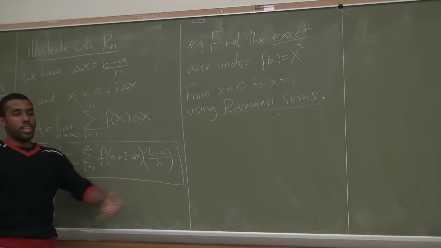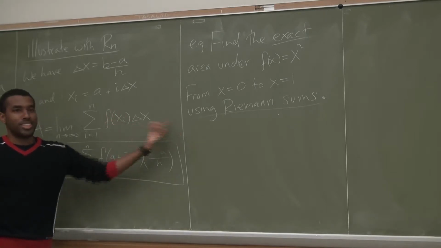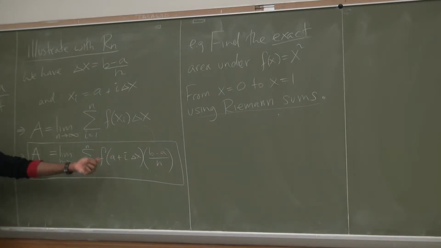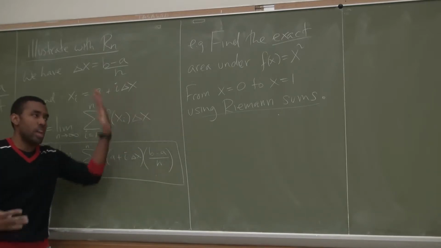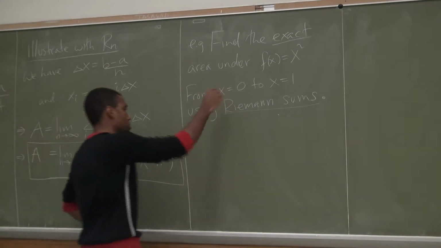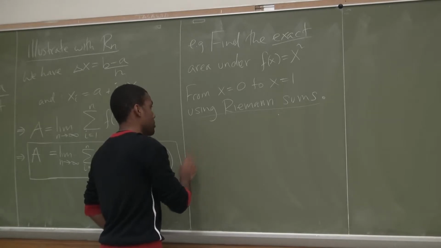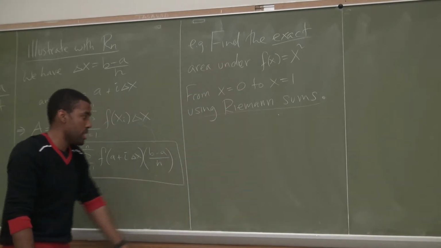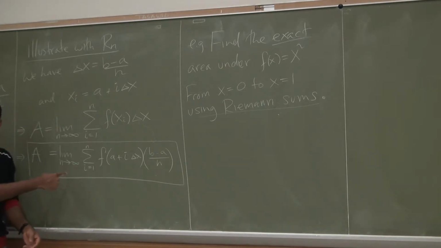If they just ask you to find the area under a curve, this is not what you would do. This is really bad, because it gets tedious, especially if we have an ugly function, it'll take forever. But if they say using Riemann sums, you have to do it this way. So this is what they expect you to do. Let's do an example. Using Riemann sums, find the exact area. It means you're going to have to do this one.